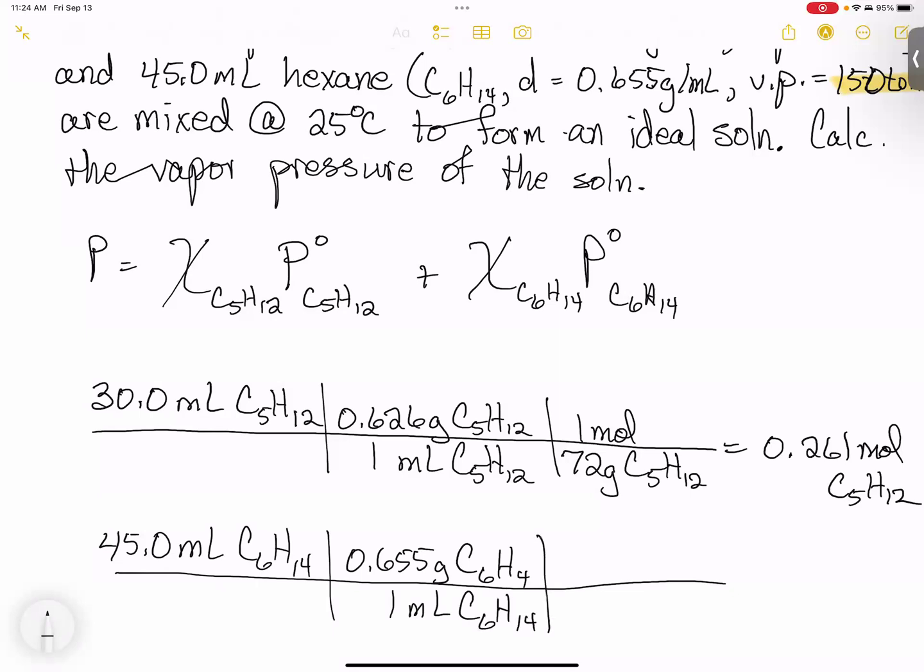And then we need our molar mass of hexane, which is 86 grams of hexane per 1 mole. So it's 0.343 moles.